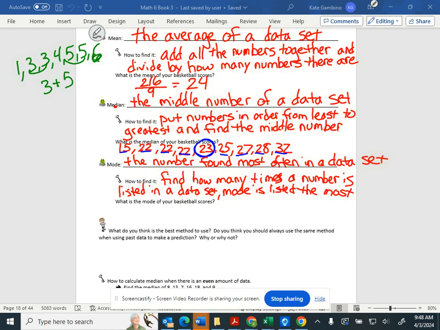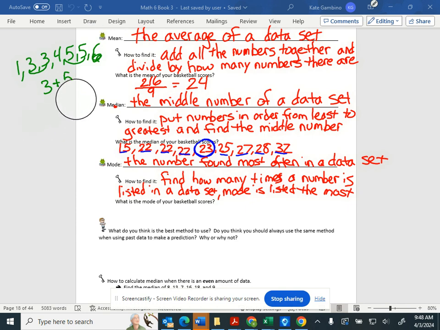You can have ties, but we're not going to list every single number of the data set if they're all tied. So if we just had 1, 3, 4, 5, and 6, we're not going to list all of them as our mode. We would say there's no mode. Okay, so we can have no mode. We can have one number as our mode, or if there's ties, we can list the ties as our mode. We can have multiple modes.